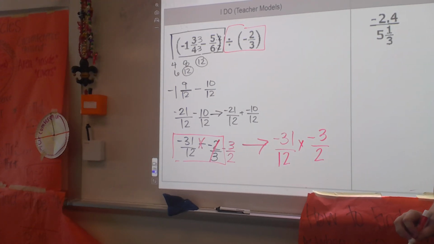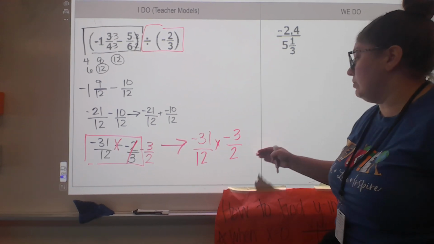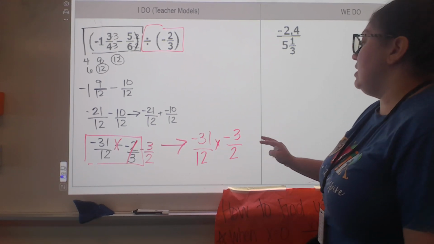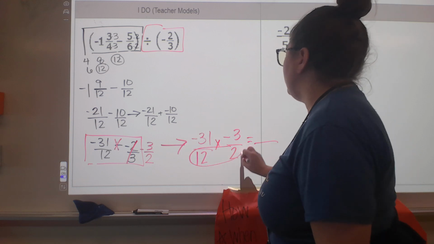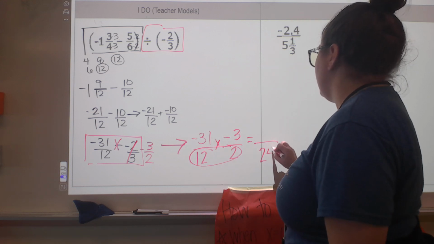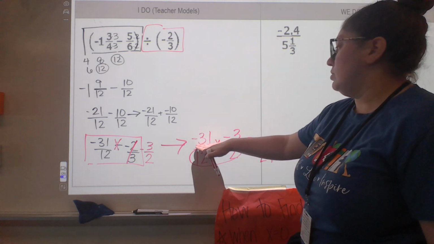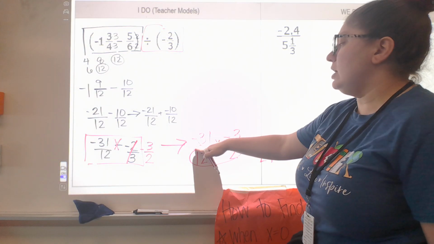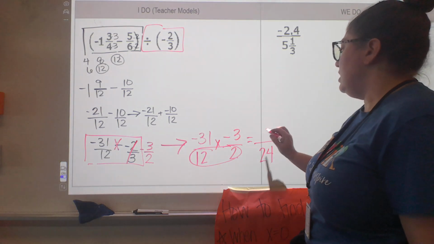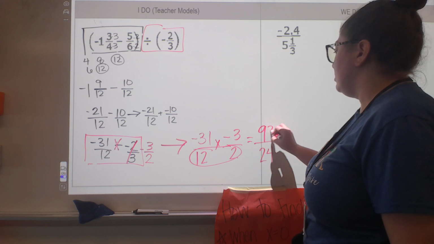Okay? We got this, you guys. All right, so I'm going to solve. Well, 12 times 2 is 24. Negative 31 times a negative 3 is 93.